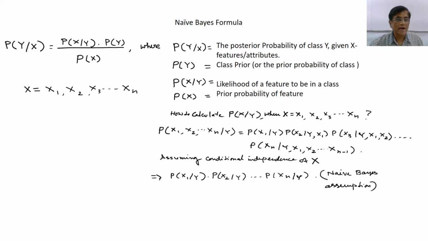And y is again the class. For a binary class, y could be 0, 1. For multiple classes, 0, 1, 2, 3, 4, 5, like that. So those quantities x, y are no more a single event, rather they are fragmented. This event space is now fragmented, which we discussed earlier.